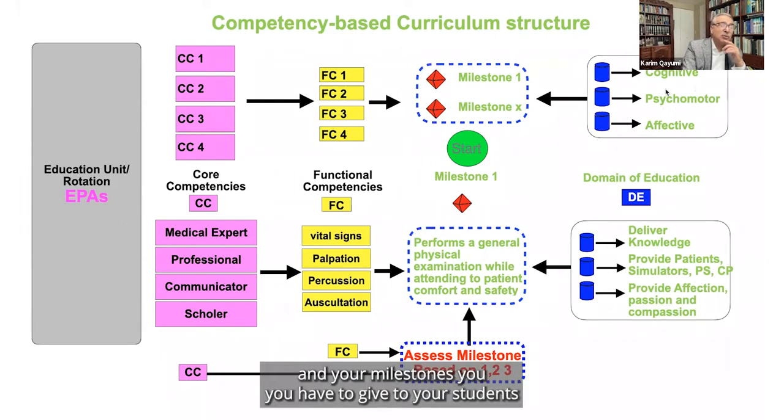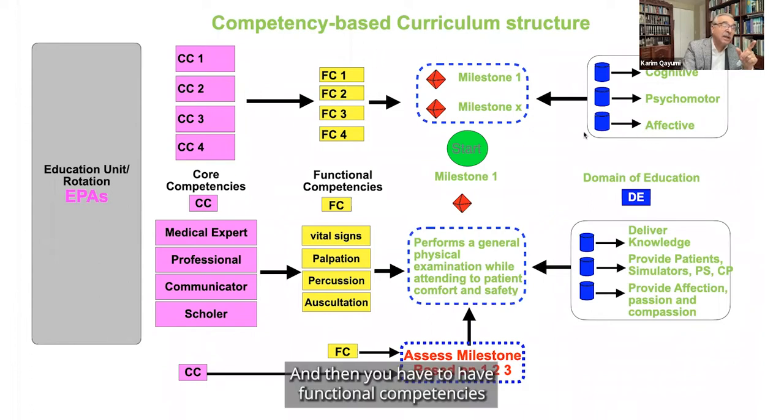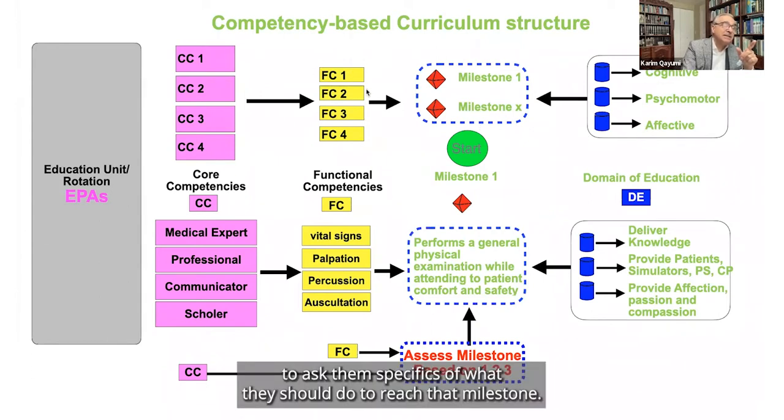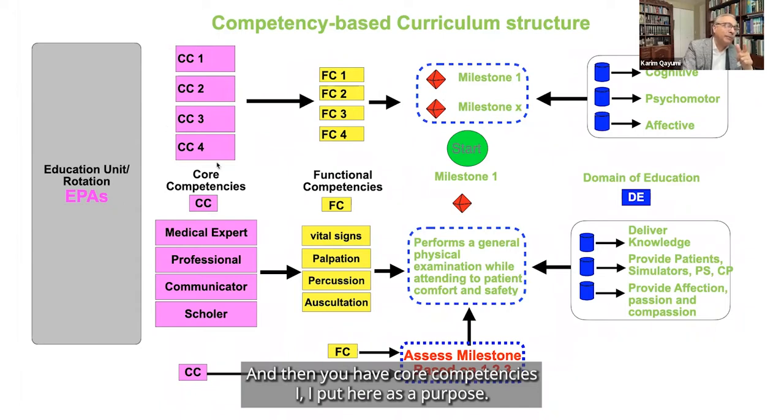And for your milestones, you have to give your students an educational environment that would include cognitive, psychomotor, and affective domains. And then you have to have functional competencies to tell them specifically what they should do to reach that milestone. And then you have core competencies.